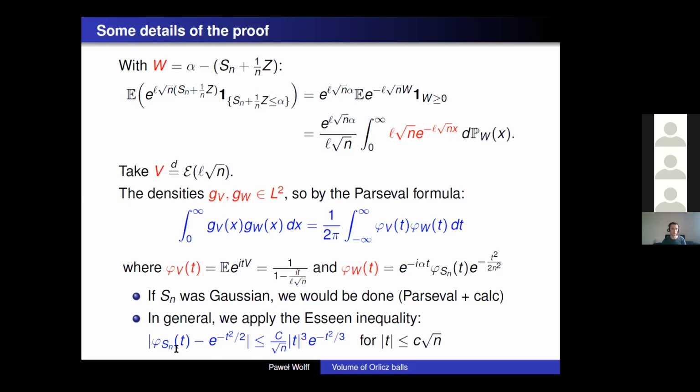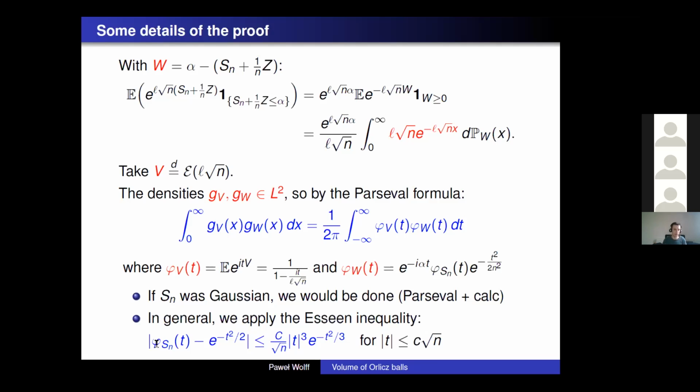It is an n-fold convolution of an actually quite nice random variable psi of xi, and we know that farther away, outside this window, for a distribution with a smooth density, the characteristic function goes to 0.